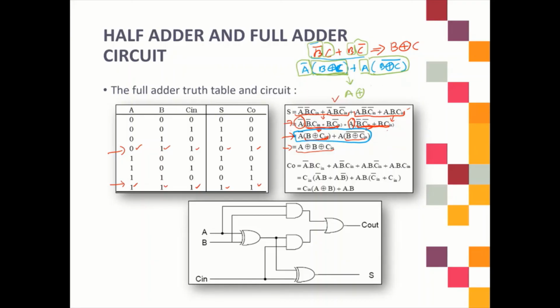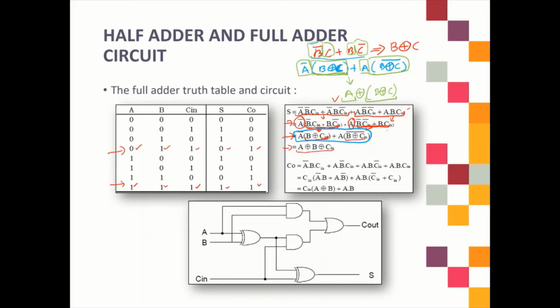So you will get A XOR B XOR C. Same goes with the next one. Also use Boolean algebra. So factorizing, and then you get C bar plus C, and C bar plus C is 1. So 1 times A and B, that's why we get A and B. So here also we use the format of XOR, so that's why we replace it with XOR.